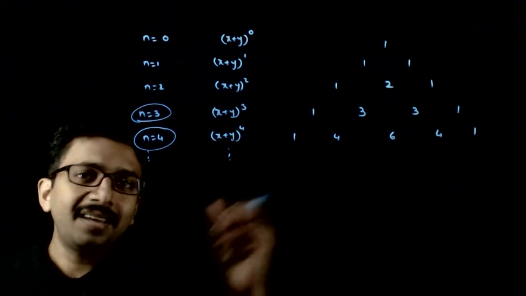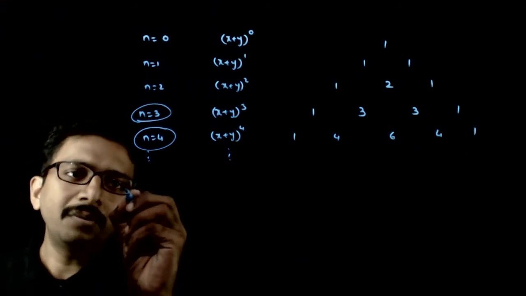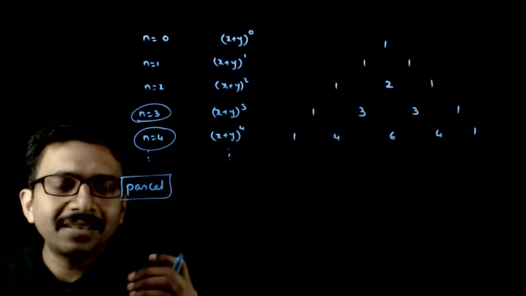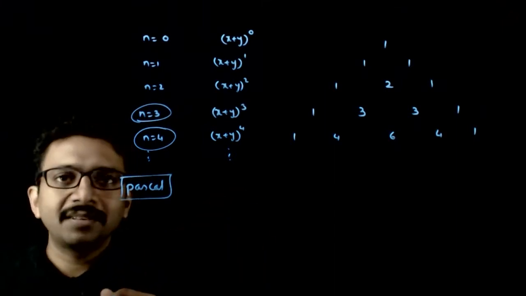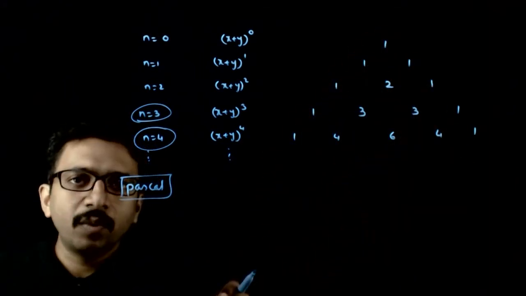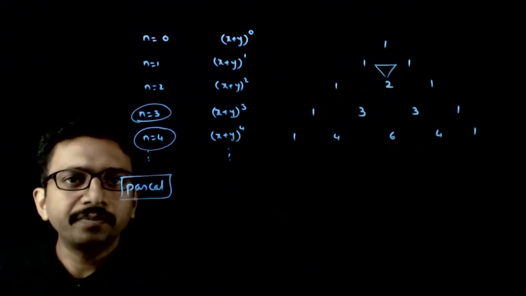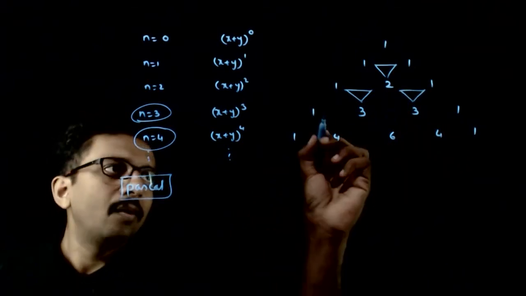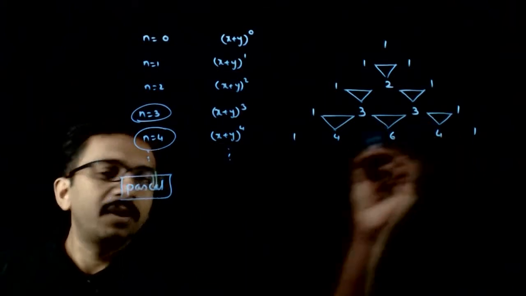So can I see a pattern in these numbers? There is a pattern which is attributed to a mathematician, Pascal. Pascal observed a pattern in these numbers. If you draw a triangle, you can see that all the peripheries are made with 1s and the numbers in between: 1 plus 1 is becoming 2, 1 plus 2 is becoming 3, 2 plus 1 is becoming 3, 1 plus 3 is becoming 4, 3 plus 3 is becoming 6, 3 plus 1 is becoming 4.